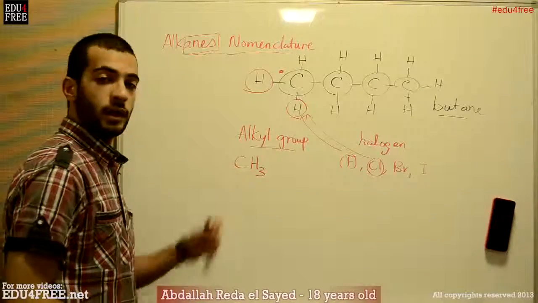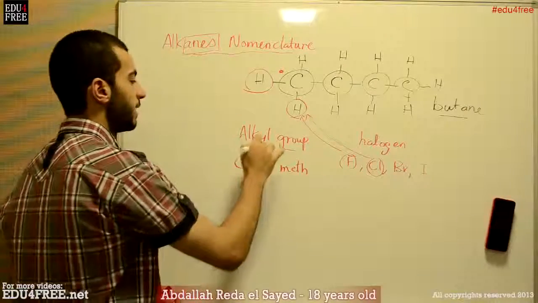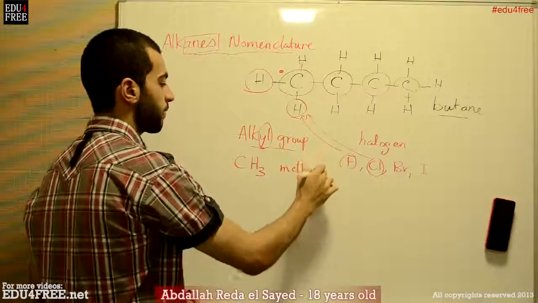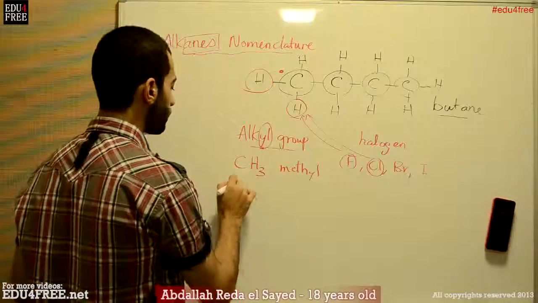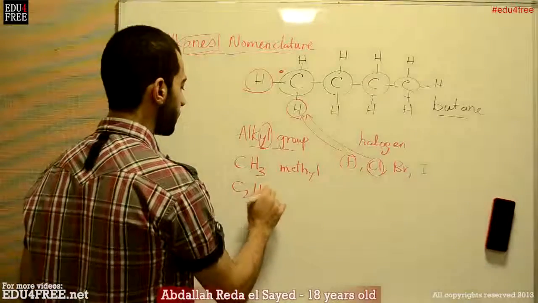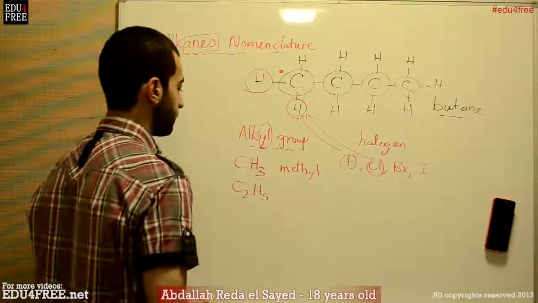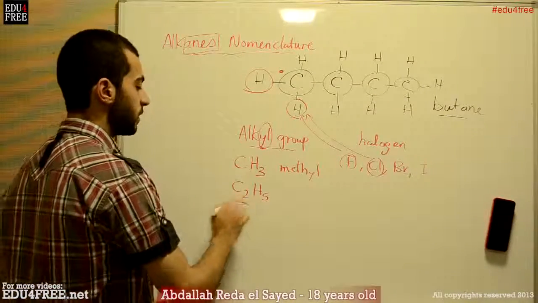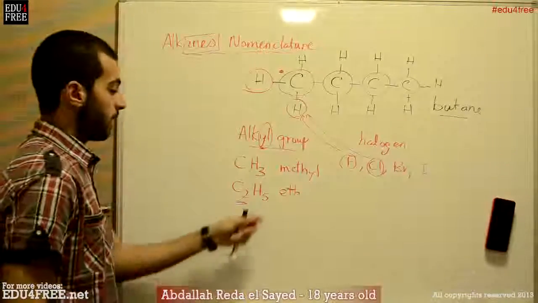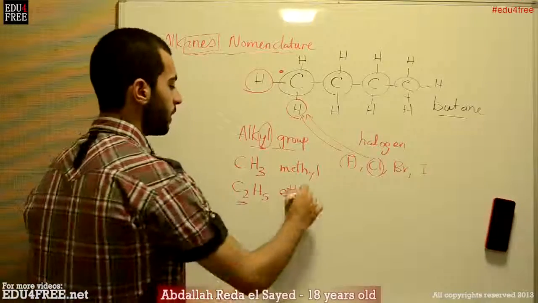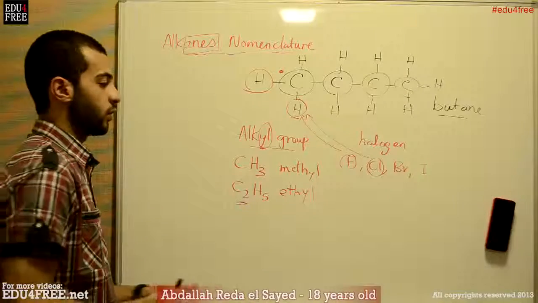This contains 1 carbon, so it will be meth, and then we add this, methyl group, or this one, C2H5. So this contains 2 carbons, so it will be eth. Then we add, ethyl group, and so on.